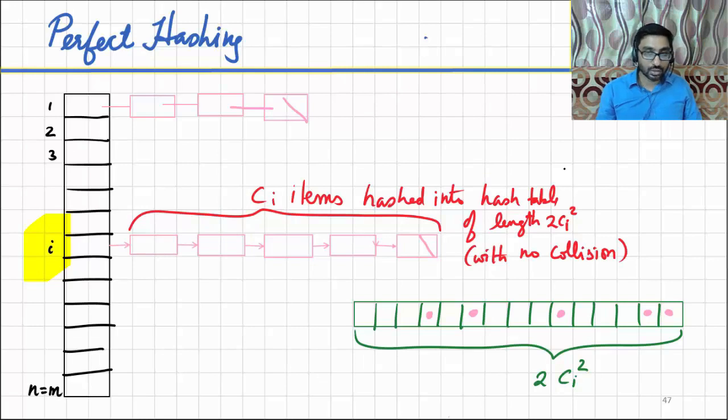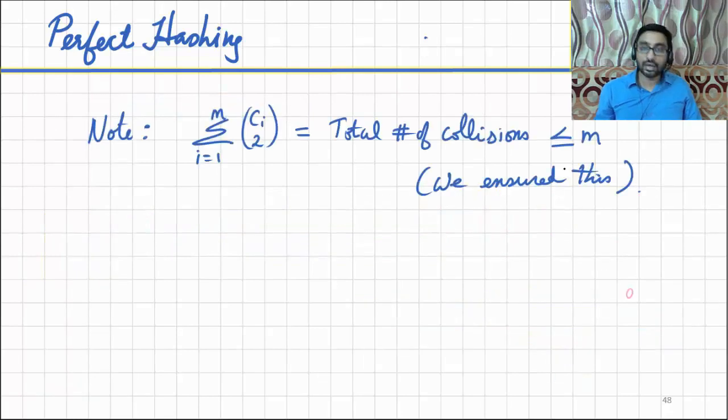And we ensure that the second hash table has no collisions whatsoever. And as I just mentioned a little while ago, if you count the total number of collisions, basically summation i equal to 1 to m of ci choose 2, that's basically the total number of collisions, and that's at most m.